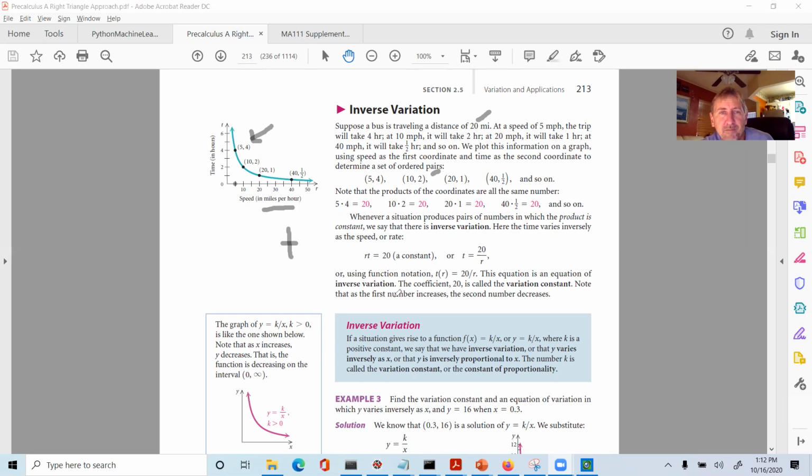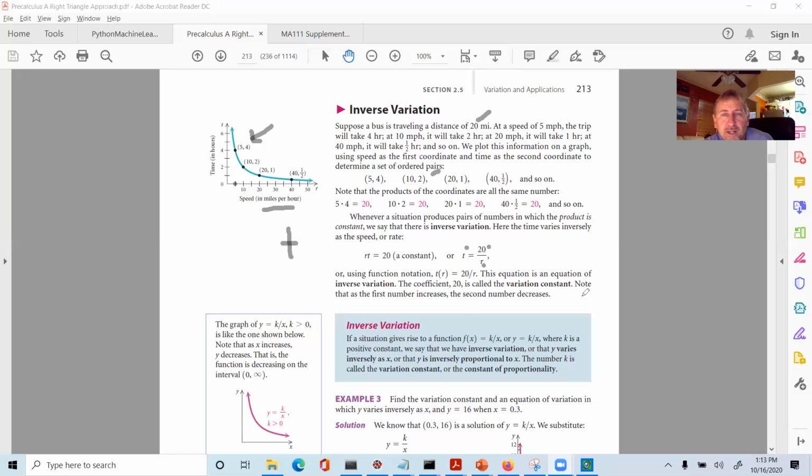So the travel time is K over R. K is the variation coefficient, called the variation constant, and R is my rate. How fast was my truck traveling, or what have you.